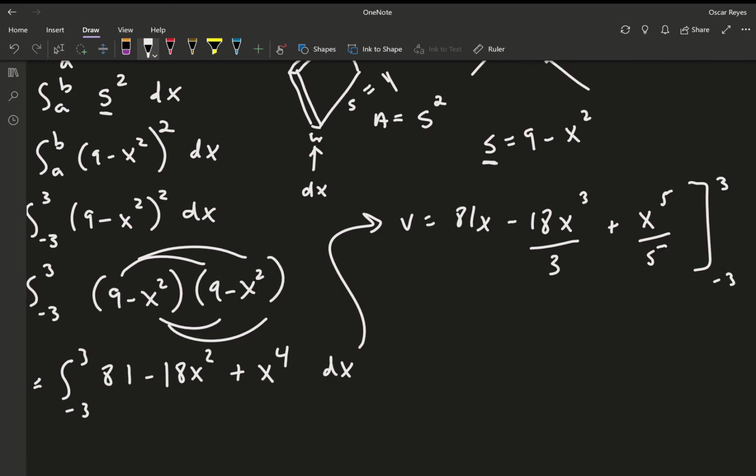And now we can use our f of b minus f of a. So we're going to plug this in. So we have our f of b, which is going to be 81 times 3 minus 18 over 3 cubed plus 3 to the fifth over 5. That's our f of b.